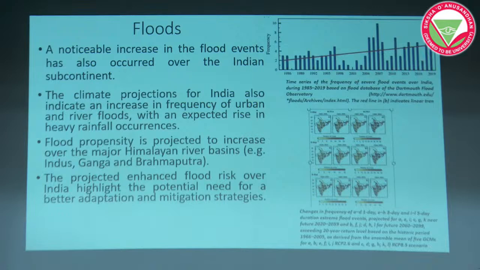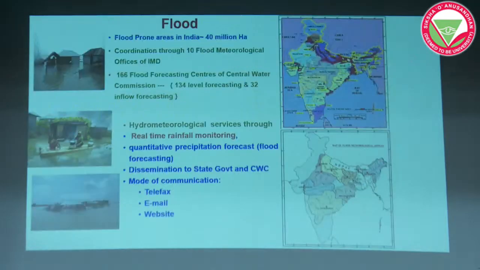But as per the projections, it will be increasing. Next is flood. Flood also will be increasing, but most of the flood will be in the Himalayan river basins: Indus, Ganga and Brahmaputra. And whatever the flood maintenance is as of today in India, some of the floods are very transboundary in nature, like the Kosi River from Nepal inundating Bihar.